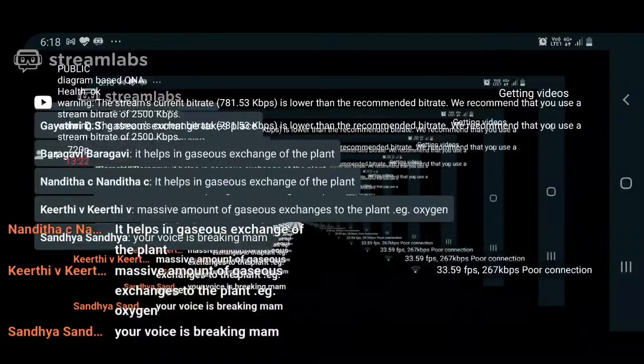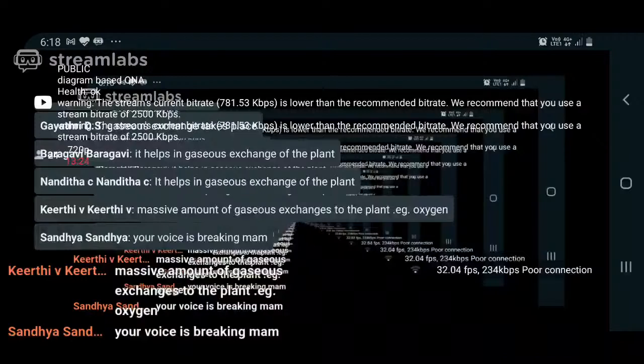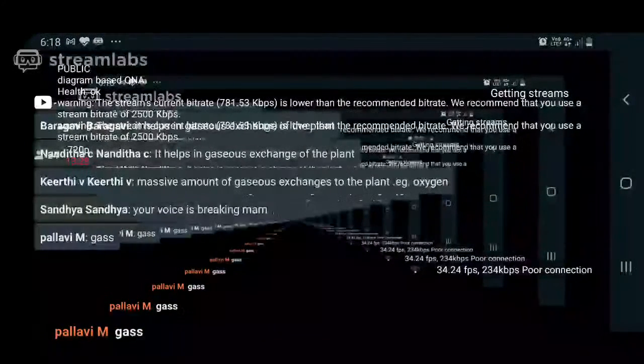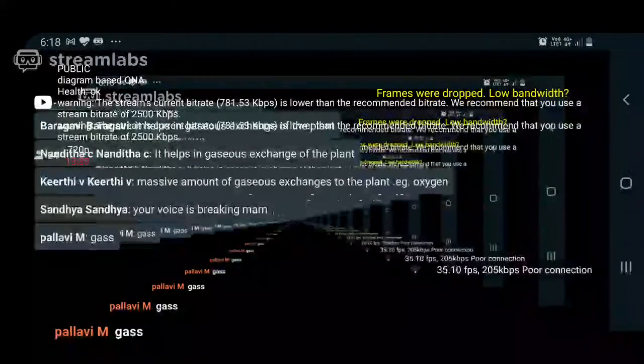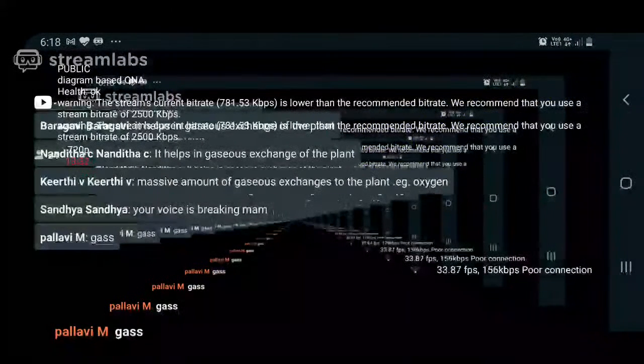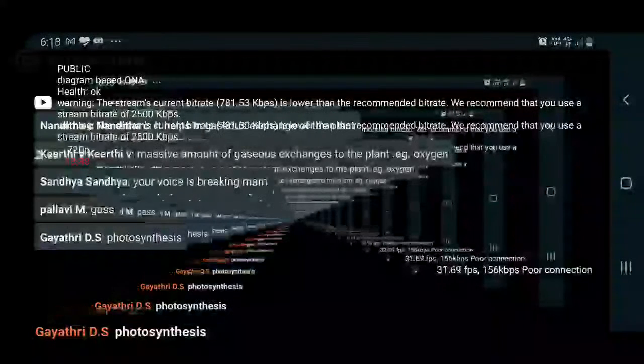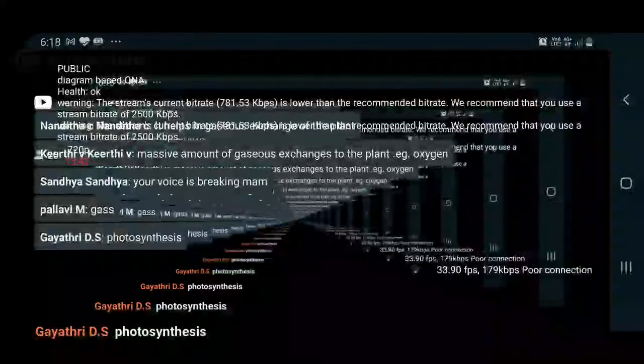Okay, I'll reveal the answer. Exchange of gases. Stomata helps in transpiration, evaporation of water from the plant. It is through the stomata, right? It helps in transpiration.